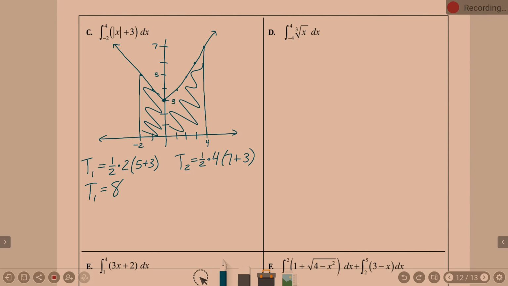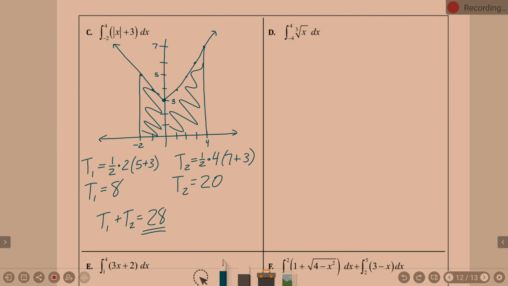So 2 times 10, 20. And put it all together, and we're at 28. Oh, shnikes. Okay, we're going to do D. I'm running out of time.